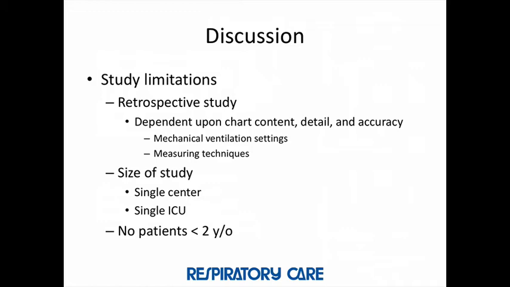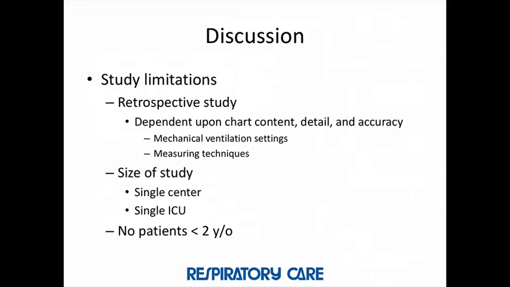If you want more detail, for instance, in this study, the authors mention that mechanical ventilation settings they would have wanted to evaluate weren't included in the chart. And you can't make that happen when you're looking retrospectively, so you're limited there. And you also have to be aware that you're limited with accuracy, that any charting errors that occurred in the past, you're not going to be able to differentiate. So any errors that are in the chart will be included in your data. This, again, you just can't change things.